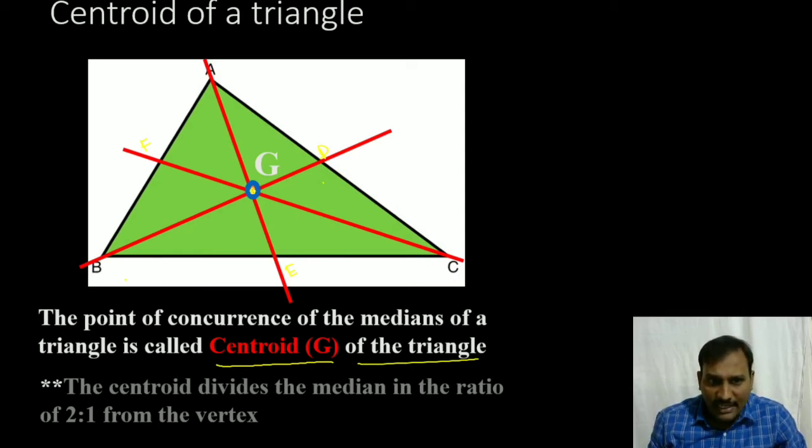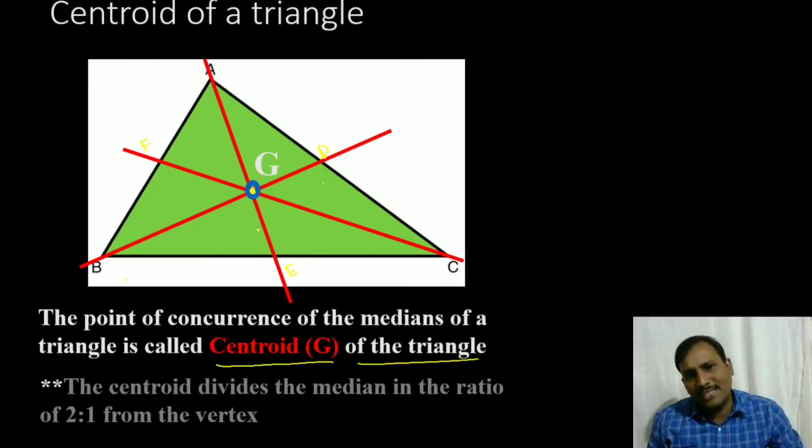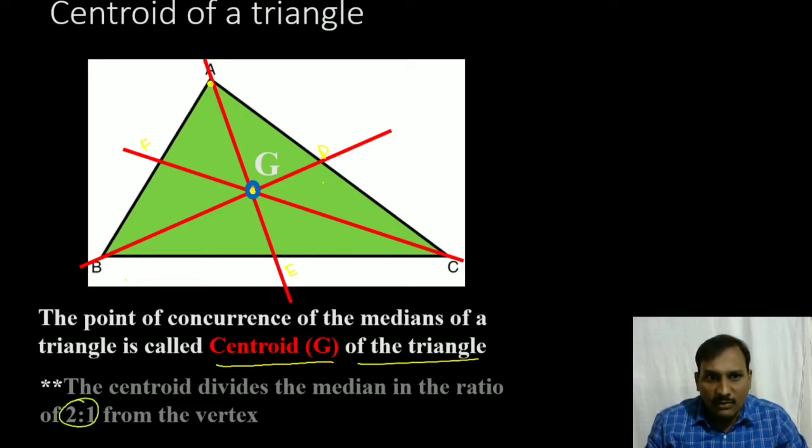So this centroid G is also dividing these medians, right? So in what ratio will it divide? The centroid G divides the medians in the ratio of 2:1 from the vertex. So this is the vertex, so this is 2:1.